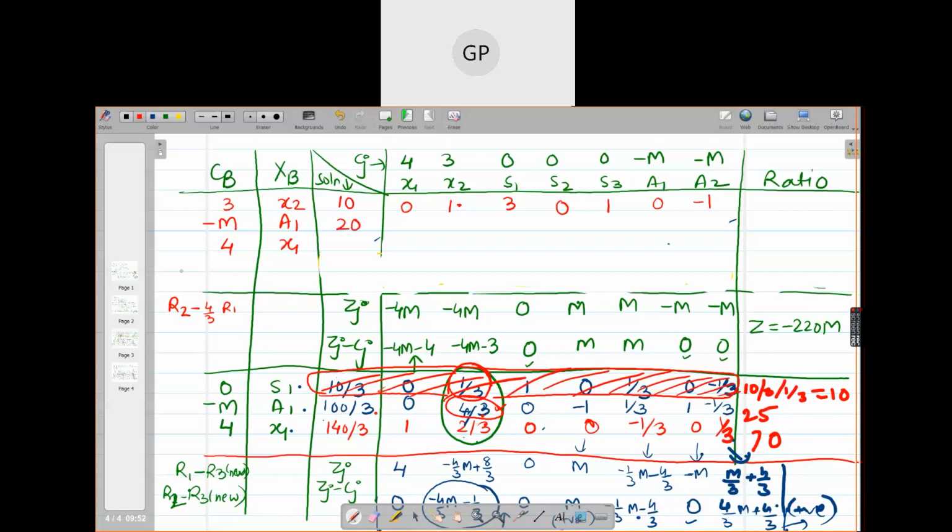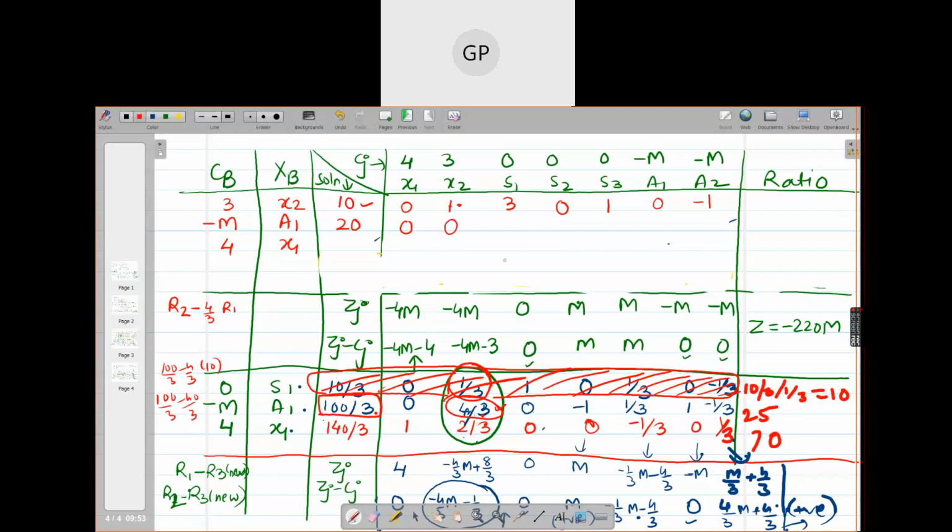समझा क्या गर्ल्स? ये 100 by 3 है एलिमेंट. 100 by 3 minus 4 by 3 into this 10. So that makes 100 by 3 minus 40 by 3, that is 60 by 3, is 20. Then next will be 0 as it is. Then 4 by 3 minus 4 by 3, 0.